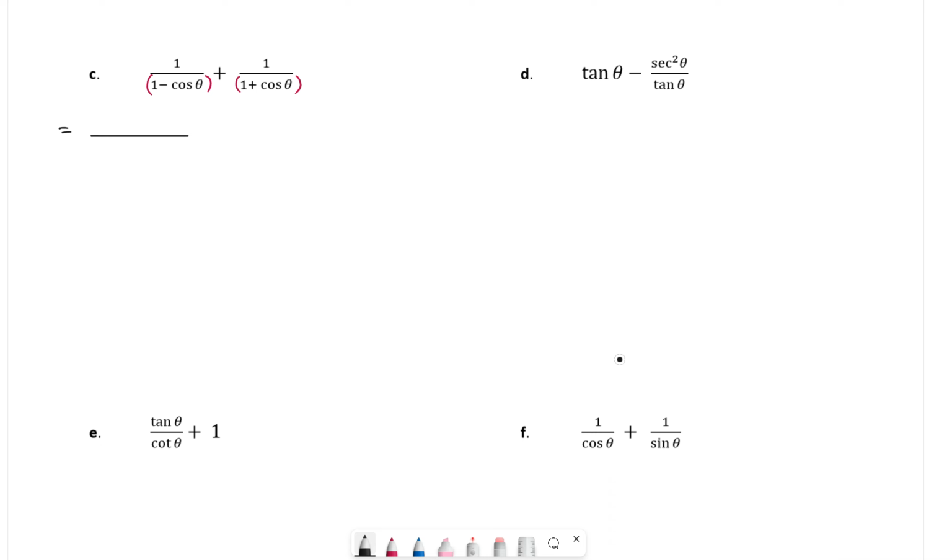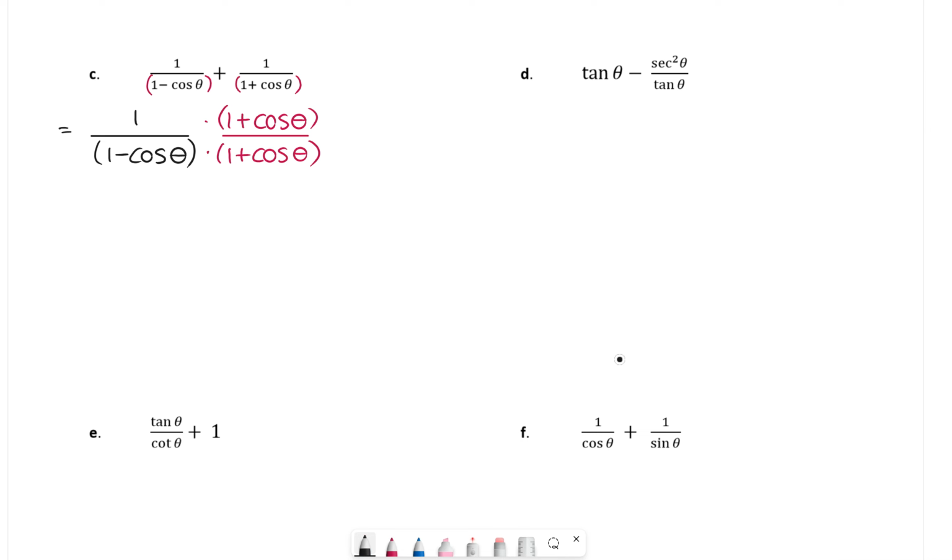So here we go. I'm going to write the 1 over the 1 minus cosine theta. I'm going to go ahead and put parentheses around it. And let's multiply top and bottom by the other denominator, which was 1 plus cosine theta. Let's put parentheses, 1 plus cosine theta, and the parentheses is just to remind us that those go together.